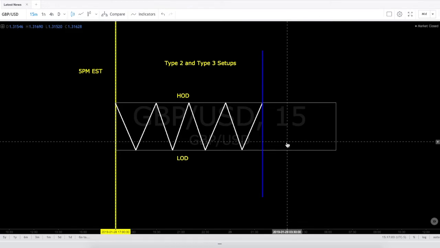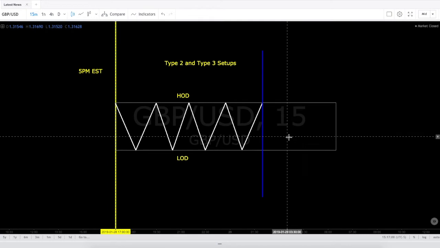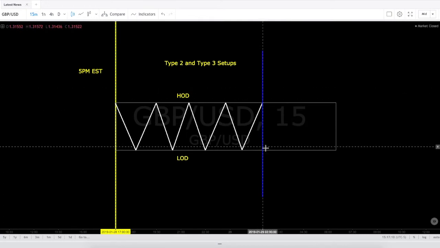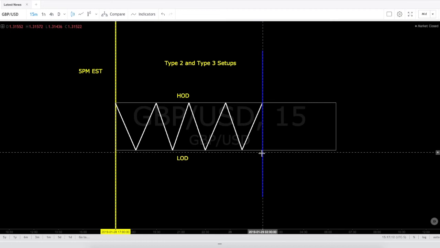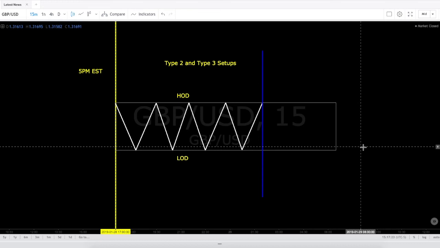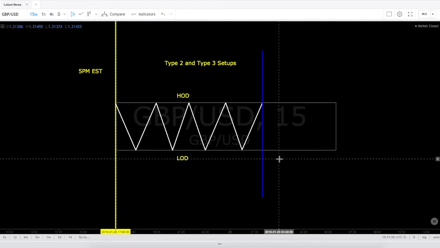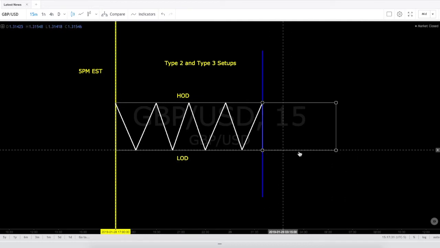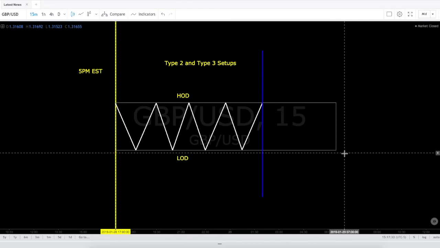But most of the time, from what I've seen doing backtesting, the trading zone for a type 2 setup goes all the way up to 6:30. And if nothing happens by 6:30, then the likelihood of the setup happening is essentially once the U.S. session starts. But most of the setups happen between 2 and 6:30 on a type 2 setup.